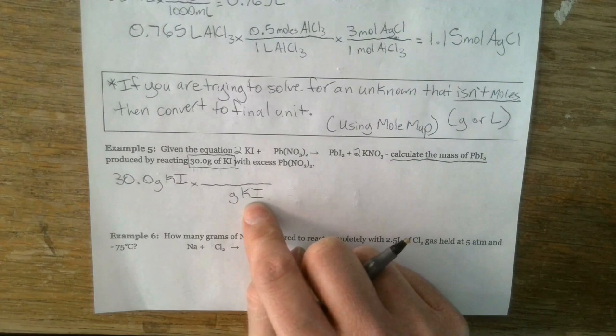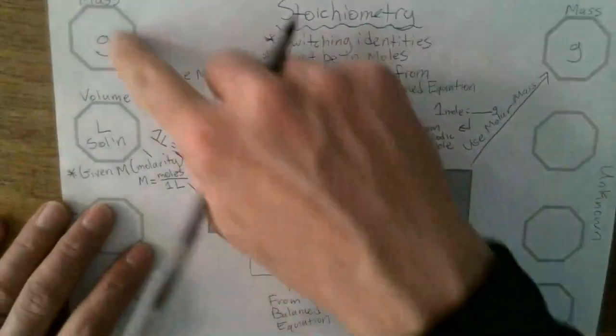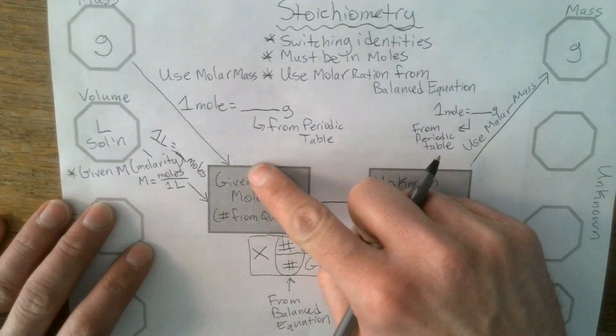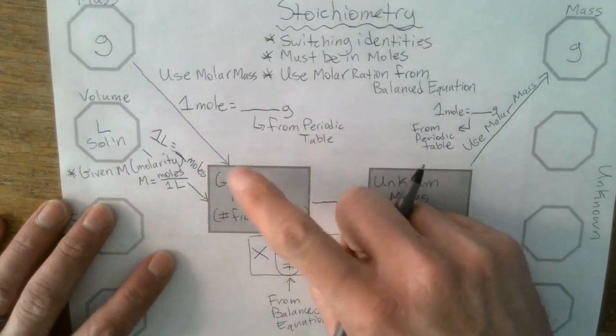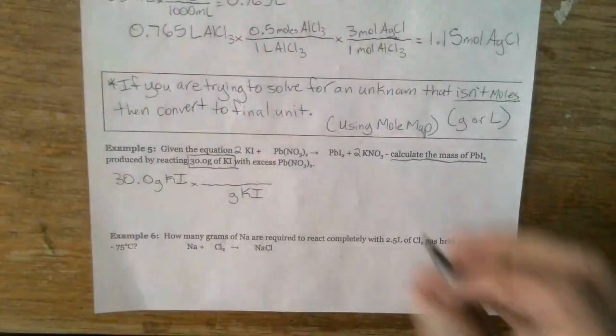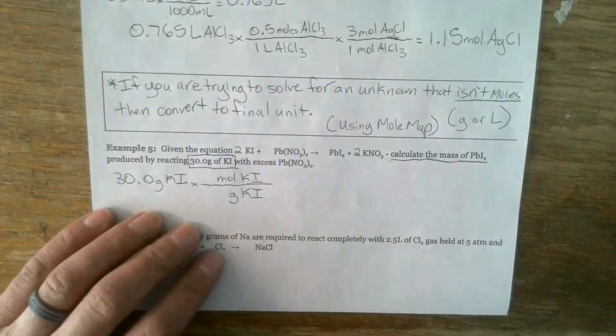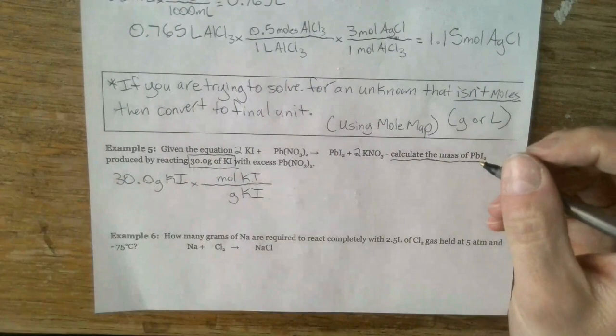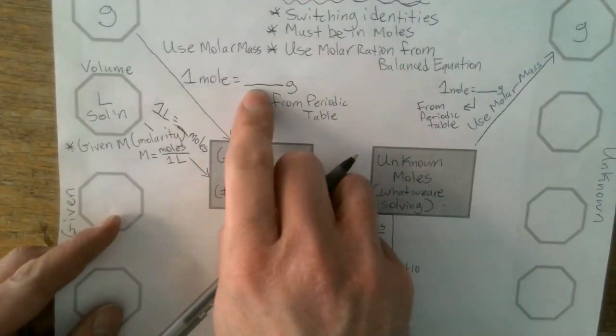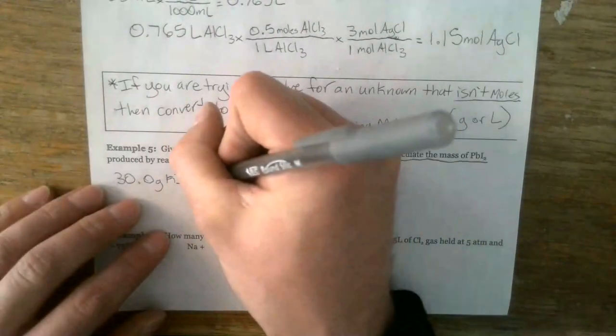Okay. So again, we just did this step right here, going from grams to moles of our given substance. So we'll need to have moles of KI here. Okay. So again, the conversion factor that we're plugging in there is that 1 mole equals whatever the mass is from the periodic table.